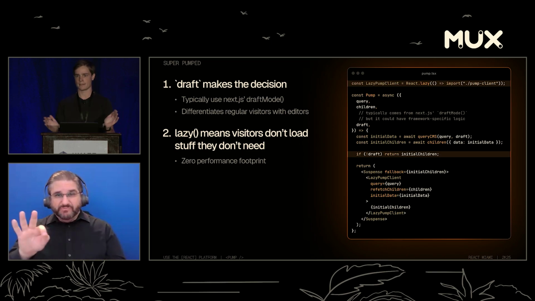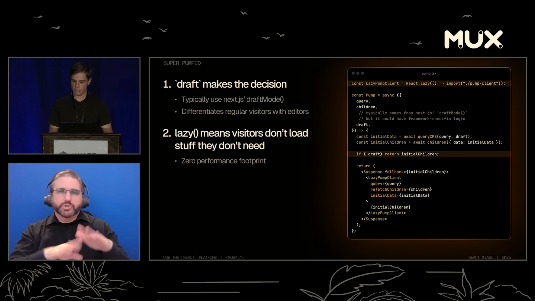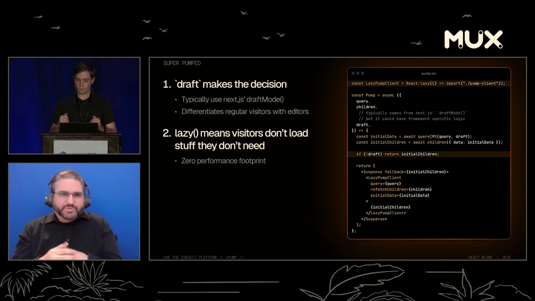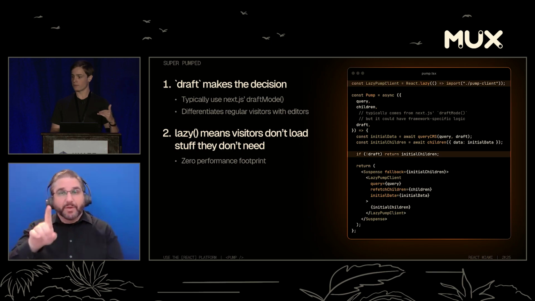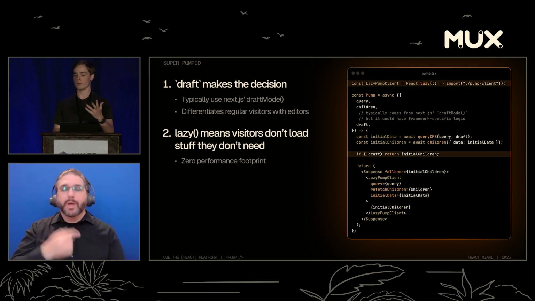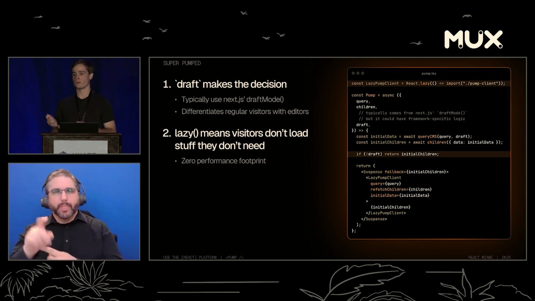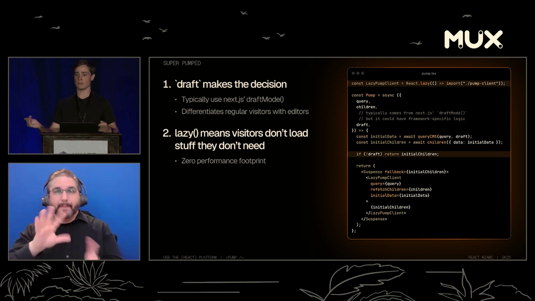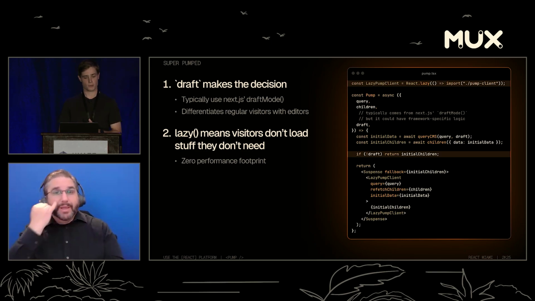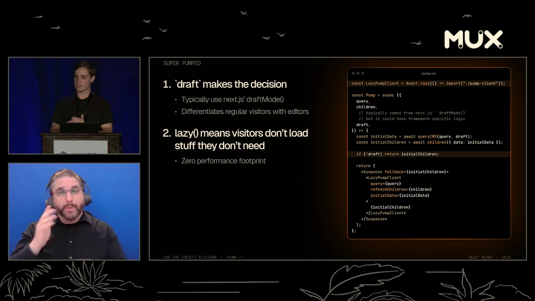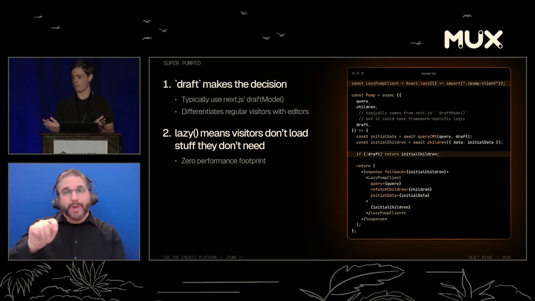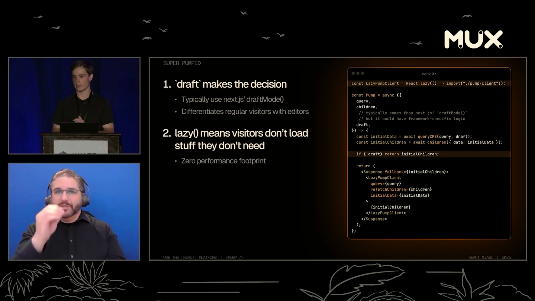Nothing else happens. But if draft is true, we render the Pump client, and we wrap it in React Lazy, so the bundle just gets loaded if we know that the user is querying draft content, which means we have 0 performance footprint in the case for production traffic.